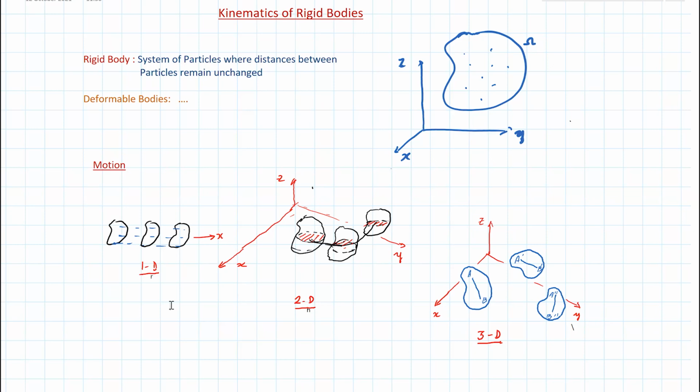Then there is two-dimensional motion, in which the planes, which I showed in hash, remain parallel. That means that as the body goes from one position to another, that plane is moving in the same plane, let us say xy.